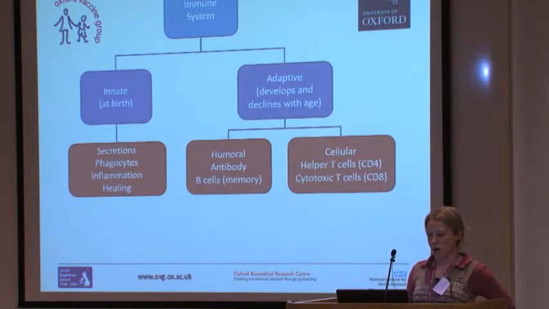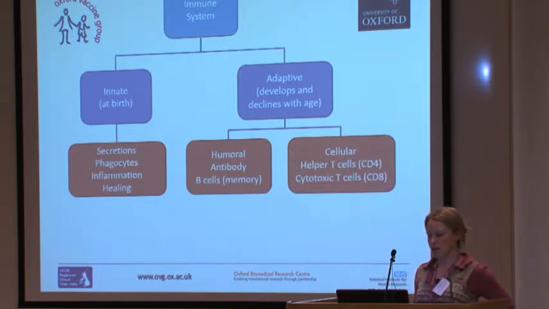And then the adaptive arm of the immune system is divided into two, really. You've got the humoral side, which is mediated by antibody, and antibody is produced by B cells, and hopefully you can make memory B cells that hang around, so next time a pathogen comes along, it remembers it and you'll be protected.